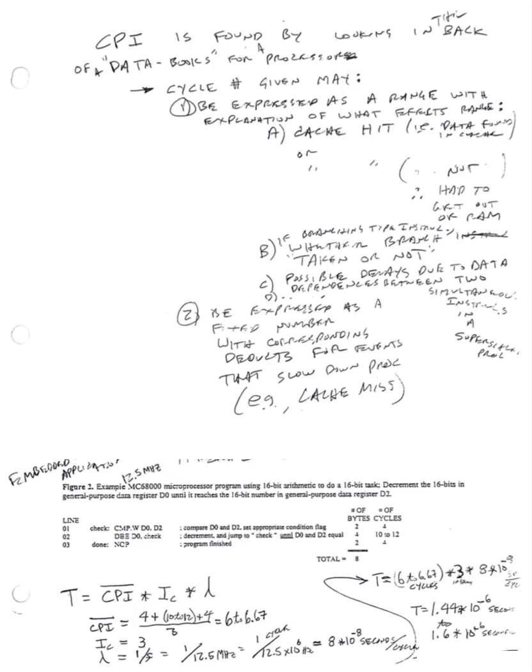Compute your average, and then you just plug it in, and you see that you have a range of times from 1.44 times 10 to the negative 6 seconds, right? Microseconds, to 1.6 microseconds.